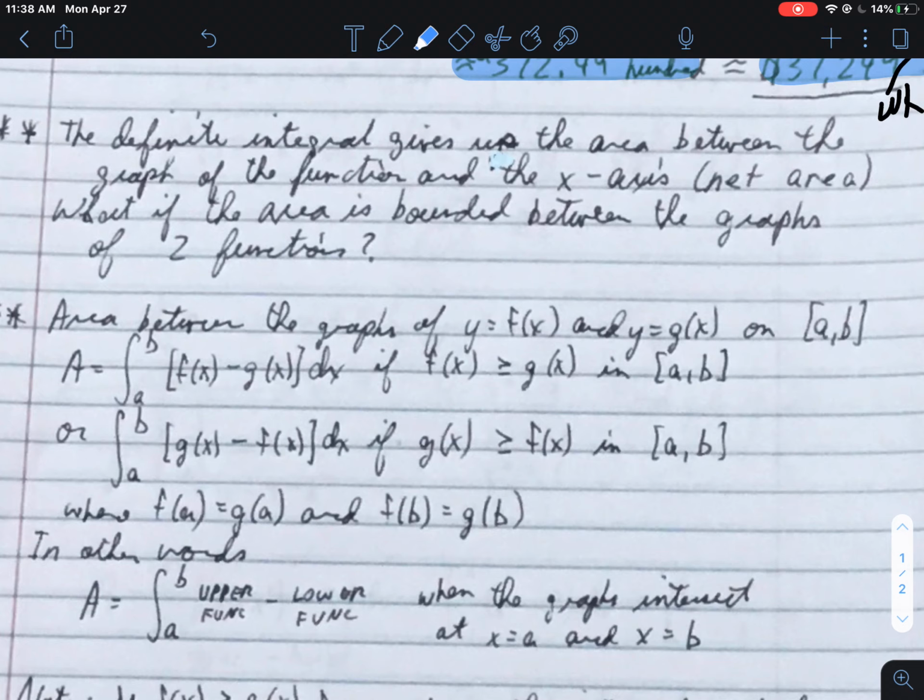We also, in the last section, talked about the idea of net area, right? Because we've had a couple of graphs where part of the graph was above the x-axis and part of the graph was below the x-axis. And we said, if we're talking area under the curve, area between our graph and the x-axis, area above the x-axis is considered positive area, area below the x-axis is considered negative area.